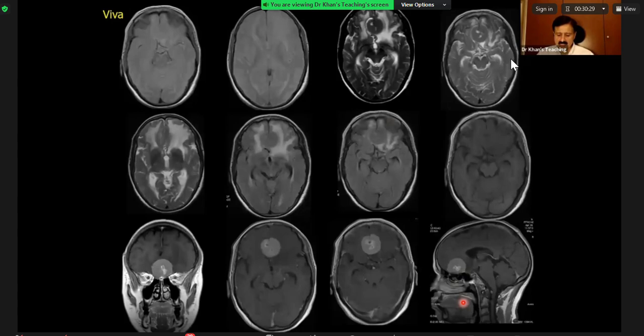Excellent. So this kind of a case can come in the exam or has come in the exam. What happens is when you are seeing the axial sequence, a meningioma, which is what we call an olfactory groove meningioma, goes superiorly in between the two frontal lobes, and it causes a lot of edema.